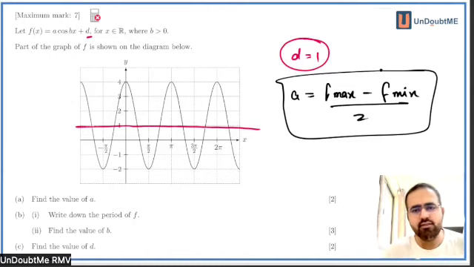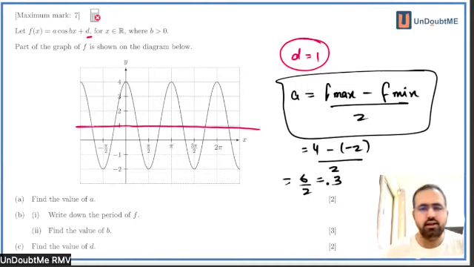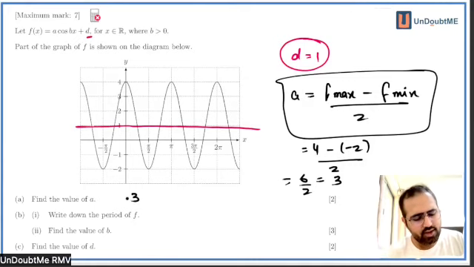F max means the maximum value of the function, 4, minus the minimum value of the function, minus 2, by 2. So that will be 6 by 2, that is 3. For the initial questions, I didn't tell you these things because I just wanted you to observe. These things can be learned later also once you are clear with the question. So the value of A is 3.